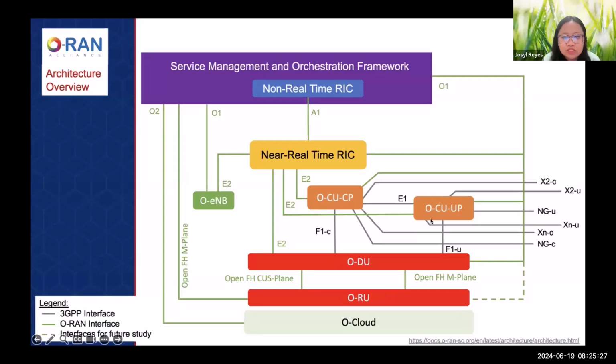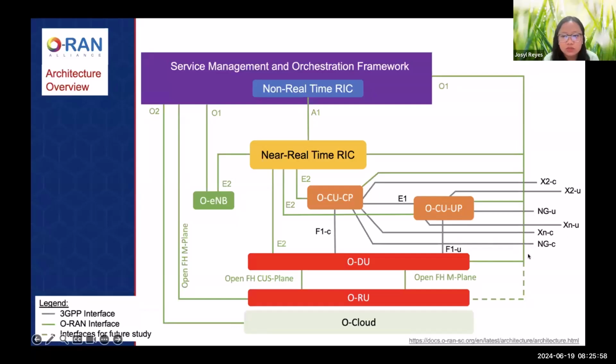Of course, this is just for one node, or one base station essentially. If there are other base stations, for example this one, we have the eNodeB here. It's indicated as O so that it shows it's open. This is a 4G node, so it can still of course be deployed, and notice as well there are other interfaces, X2 and Xn.